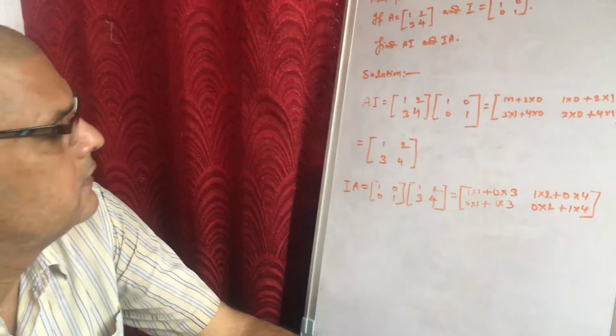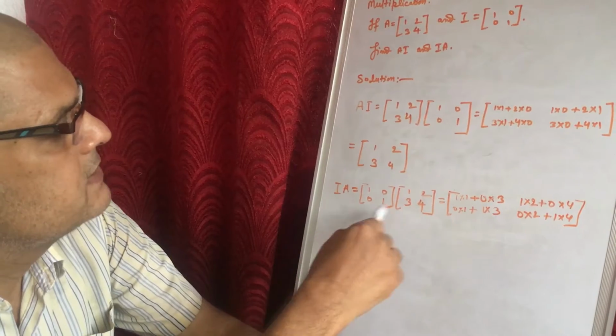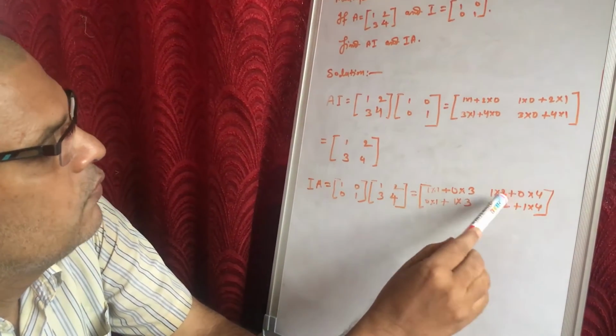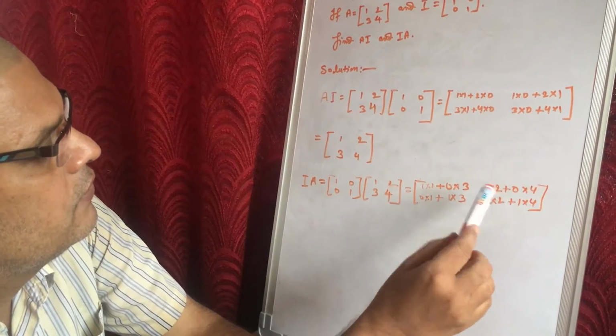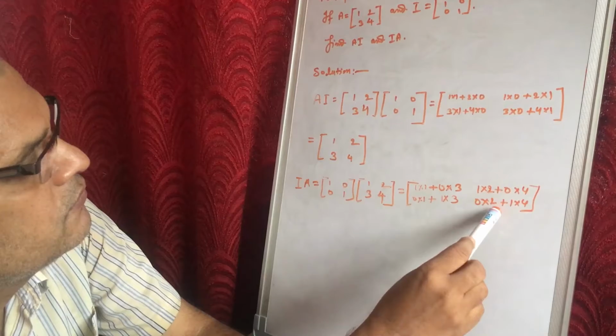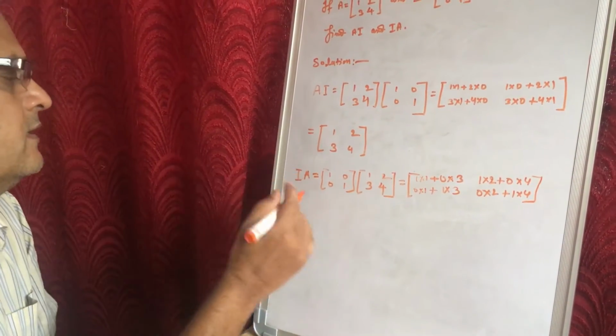Now see, IA after multiplication it is like this: 1 into 1 plus 0 into 3, 1 into 2 plus 0 into 4, 0 into 1 plus 1 into 3, 0 into 2 plus 1 into 4. So it will be like this.